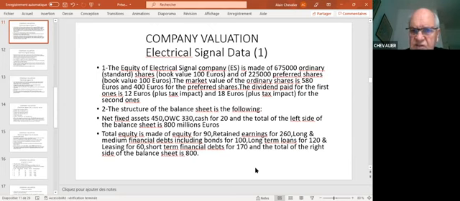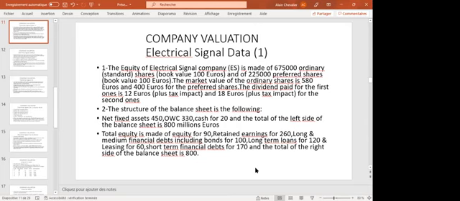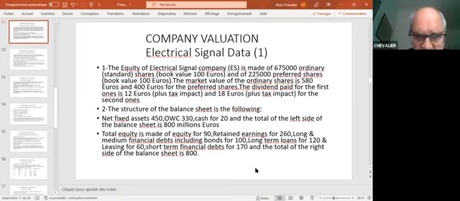Retained earnings for 260. Long and medium financial debts, including bonds, for 100. Long-term loans for 120. And leasing for 60, short-term financial debt for 117. The total of the right side of the balance sheet is 800. So, of course, you find the same total, 800, on both sides.